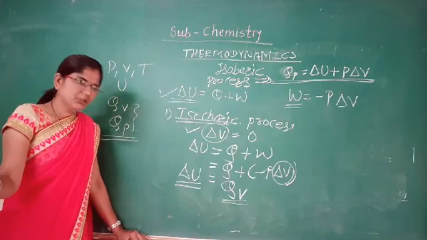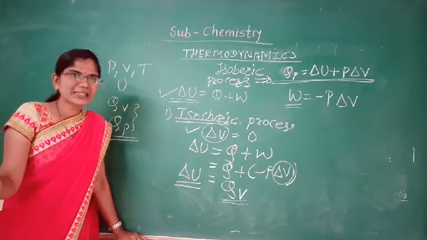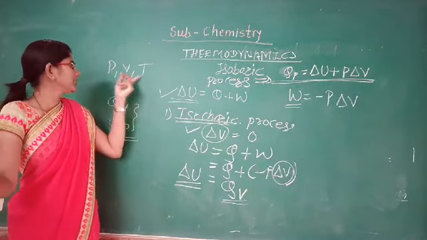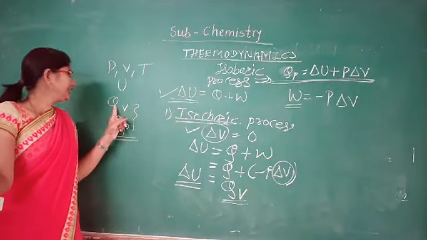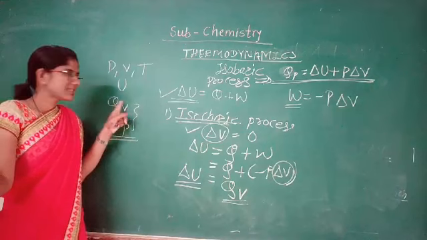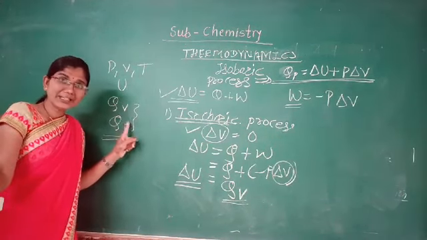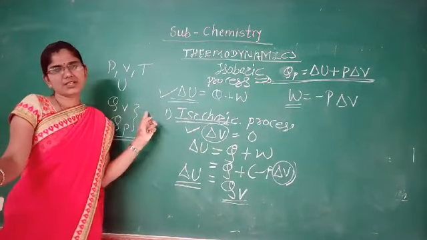Because we know that heat and work, both of these are path functions, and pressure, volume, temperature, internal energy, and the heat content of the system at constant volume and at constant pressure, all these are state functions.